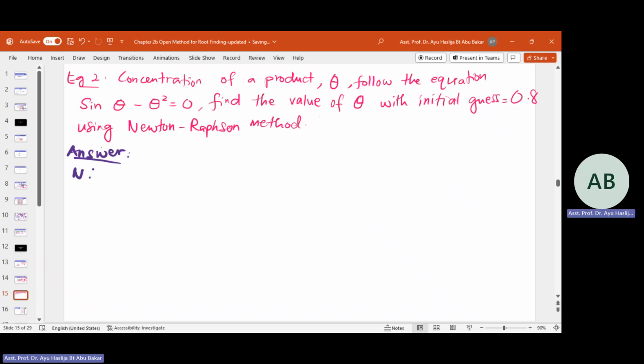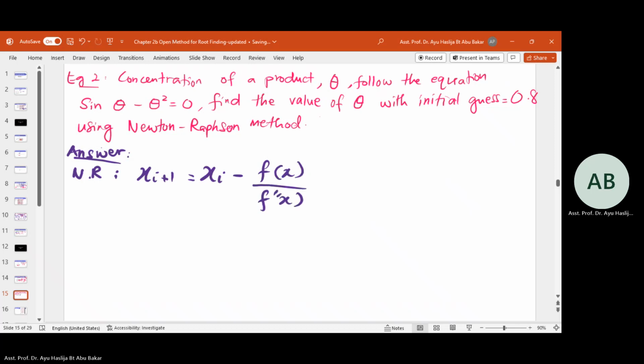Now, with the Newton-Raphson method, to find x i plus 1 we use this equation. Your f(x) is sine theta minus theta power 2.